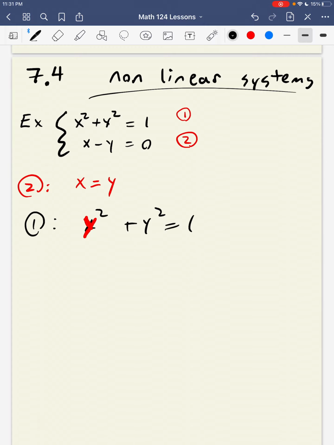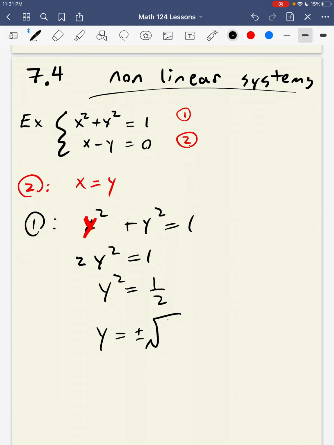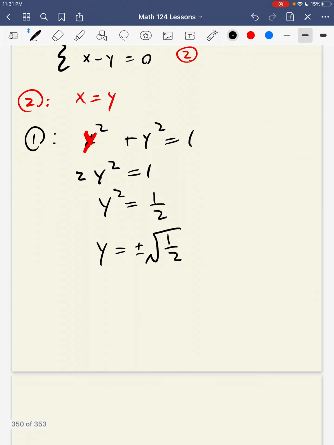So we get 2y squared equals 1, y squared equals 1/2, y equals plus or minus the square root of 1/2. Let's clean this up a little bit. That's plus or minus square root 1 over square root 2, which is plus or minus 1 over square root 2.